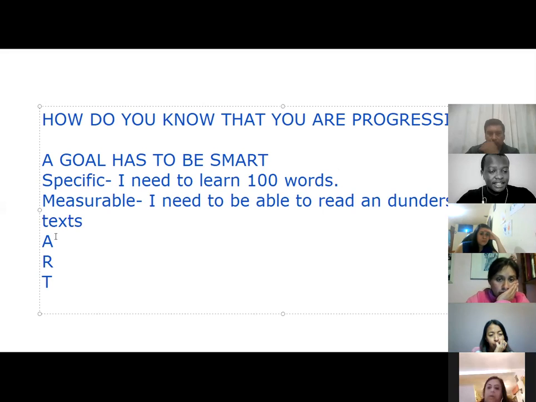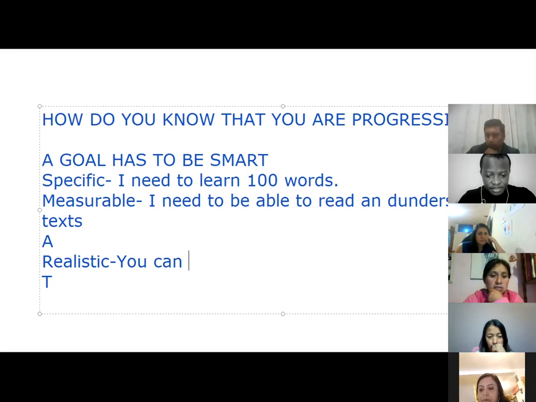Then a good goal has to be, what does the R stand for? Remind me, guys, what does the R stand for? It has to be realistic. By realistic, we mean you can do it in your capacity.